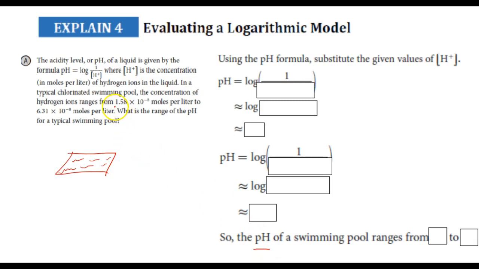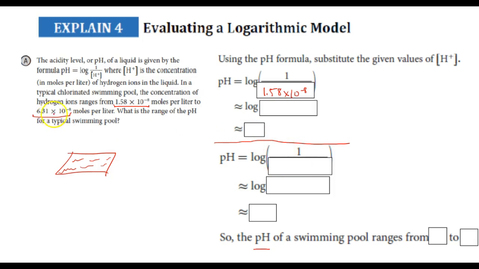So it ranges somewhere between this many moles per liter and this many moles per liter. So we're going to evaluate the same equation twice. Here I'm going to write pH equals log 1 over 1.58 times 10 to the negative 8 power. So that I can only use my Desmos calculator once, I'm going to write down some of the values so that we can do the calculation on the other screen for Desmos.